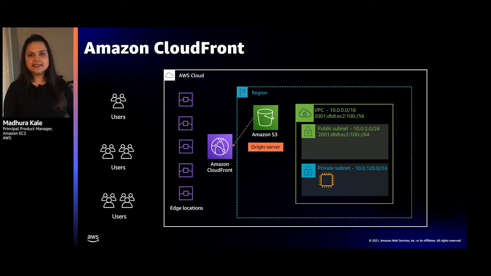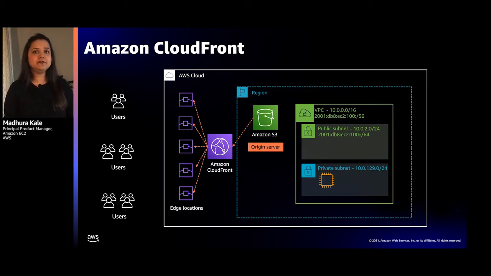The distribution is basically the configuration where you decide, this is my origin server, here's where I want to serve my content. The distribution comes with its own domain name, and you can use Route 53 again to create a nicer name. And then the config file for the distribution is copied and stored at all caches as a record.